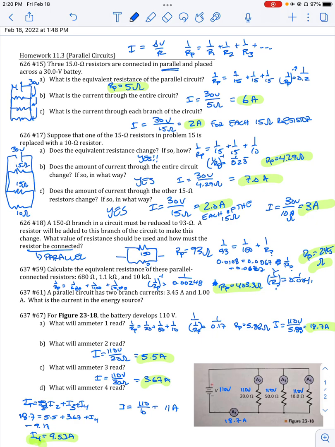Oh, what am I doing? Oh, that was 50. Oh, that's where I messed up, folks. I caught it. That's going to actually be 50 there.